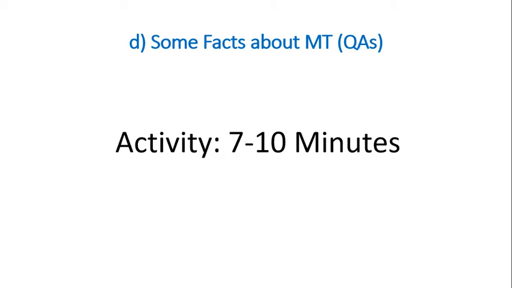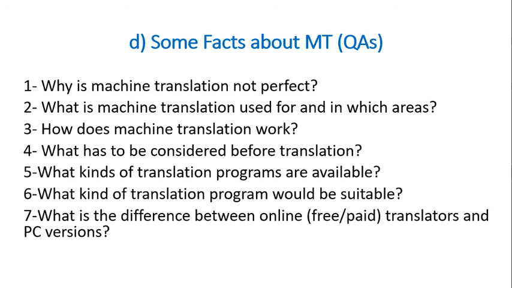You choose one, two, or three, or maybe more than three questions, or at least you select two of these questions which are easier for you. Think about them and write down the probable answers.